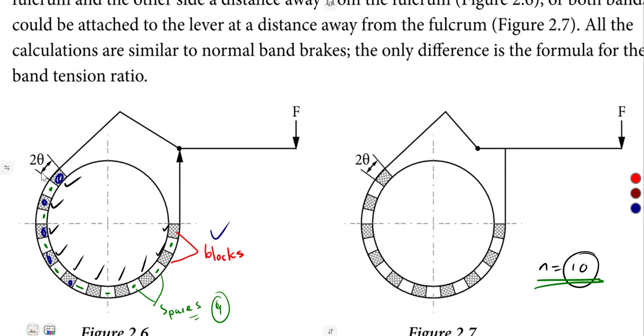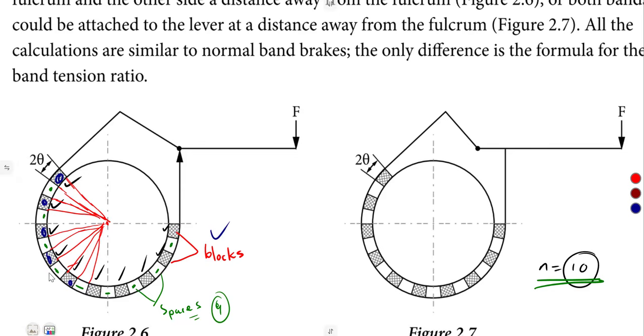Each block that you see is going to subtend an angle 2 theta, which is called the included angle. So it is going to subtend as this one goes to the center. The angle that is being created is 2 theta. It depends on the spaces that you are given, if they have the same width as the block that you're given. Let's say they have got the same width.